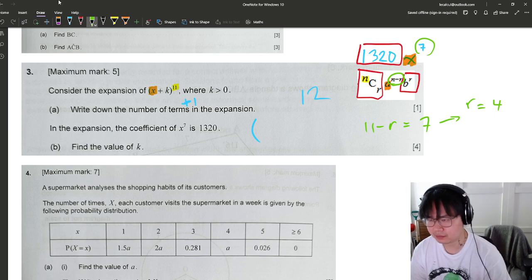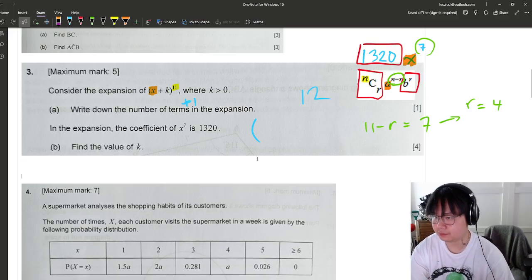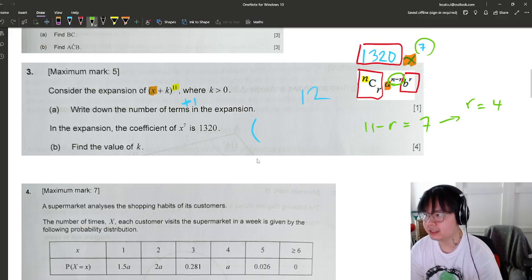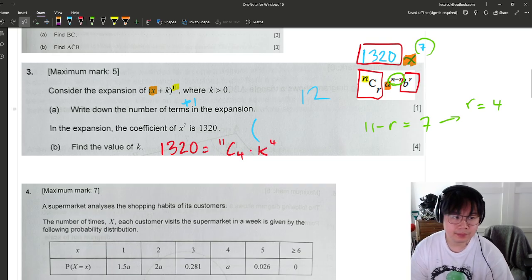Yeah. And then now that we know that r is 4, we can figure out the value of k. Because we know that k is related by the stuff I boxed in the red. 1320 is equal to 11c4 times k to the power of 4. Okay, and then we can just solve for k.